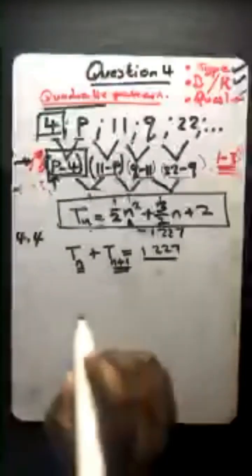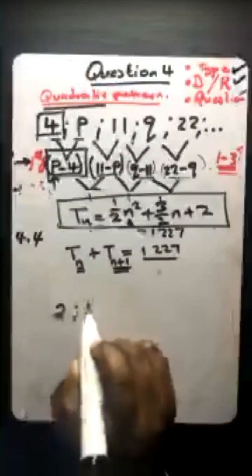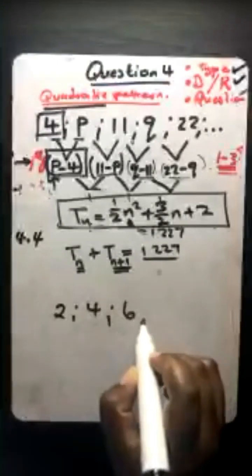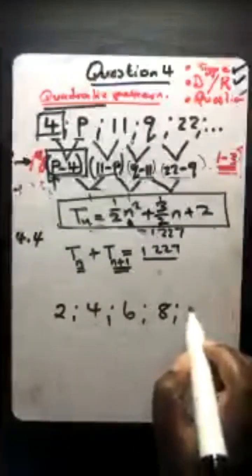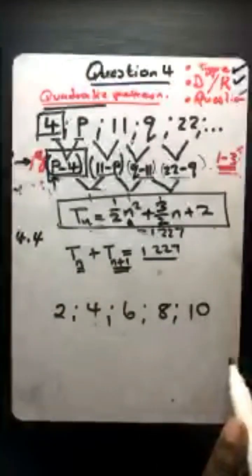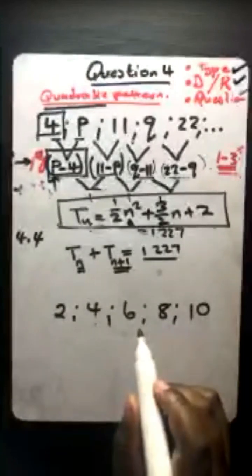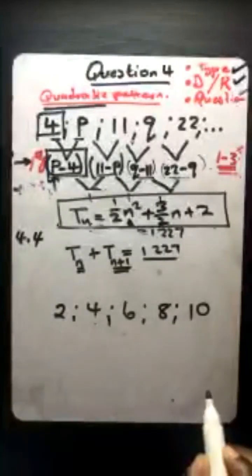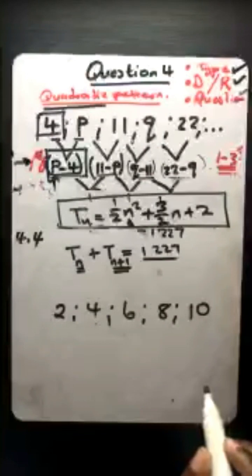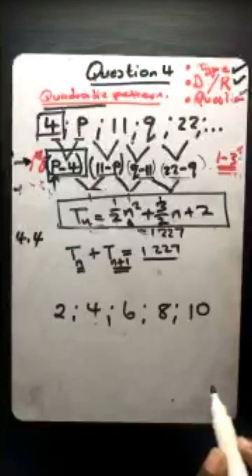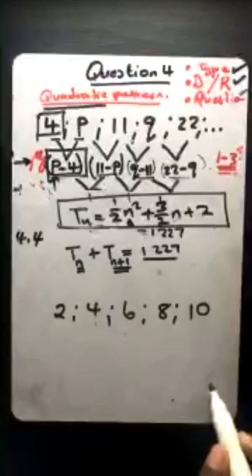So it's more like, for example, let's say you're having 2, 4, 6, 8, and 10. So it's more like they're saying there is a term, when you add those 2 terms together, they give you let me say 14.